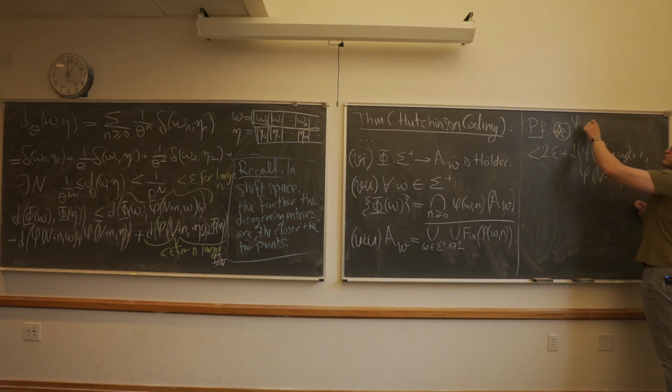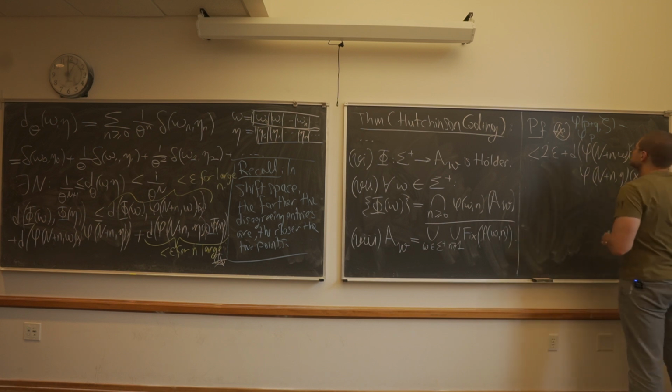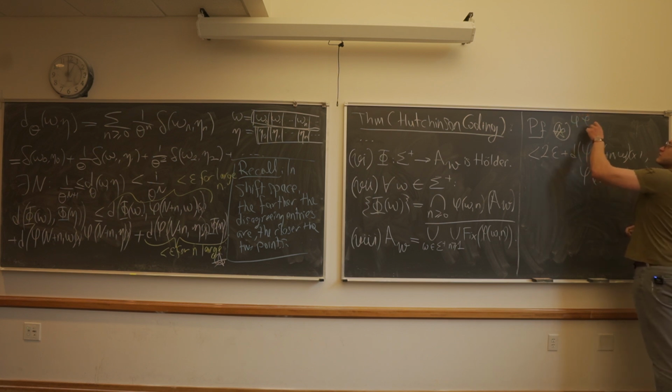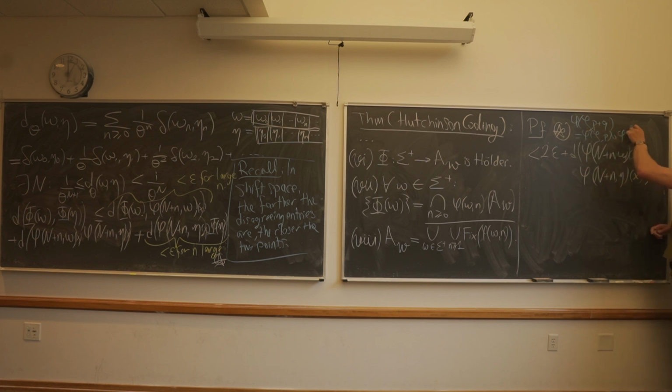Zeta p plus q equals phi zeta p composed with phi sigma to the p applied to zeta, comma q.